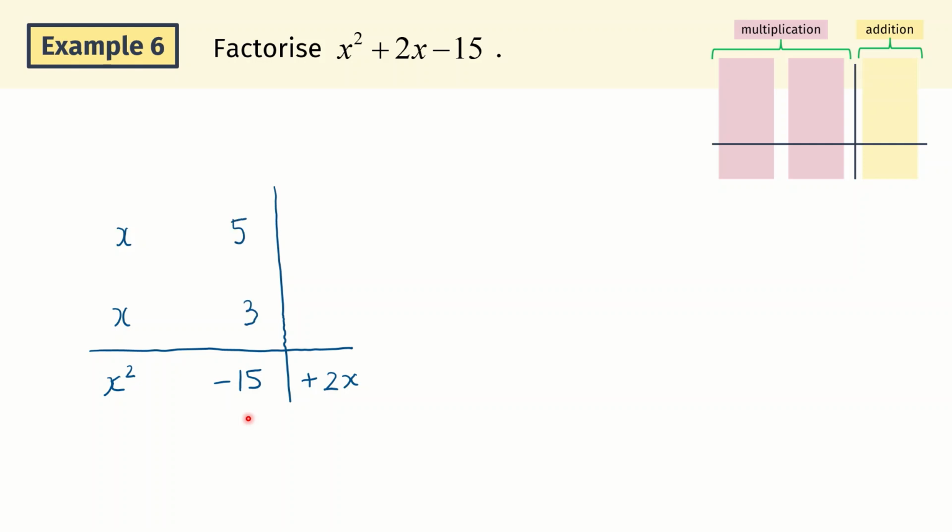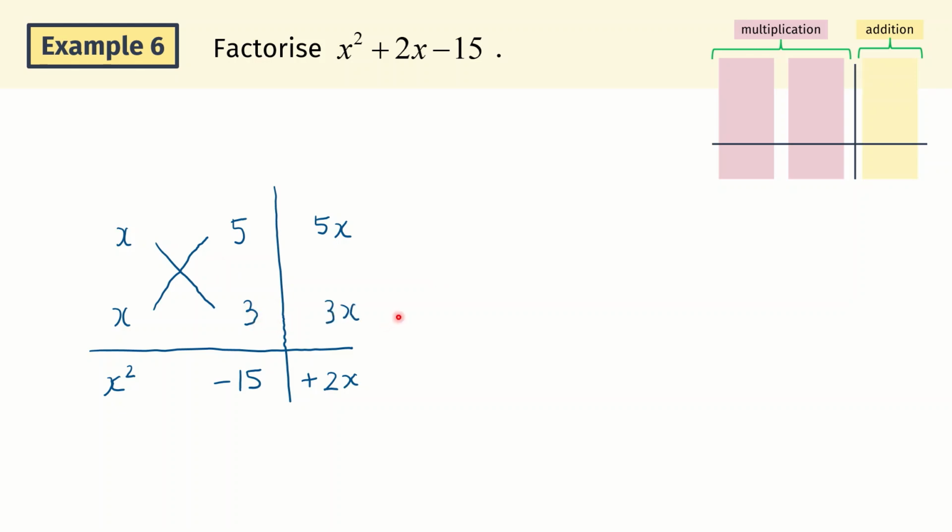So you could put 5 and 3, where 5 is on top, or you can put 3 and 5, where 3 is on top. It really doesn't matter. Your answer comes out to be the same. Then we apply the cross, whereby x multiplying with 5 will give us a 5x, and then x multiplying with 3 will give us a 3x.